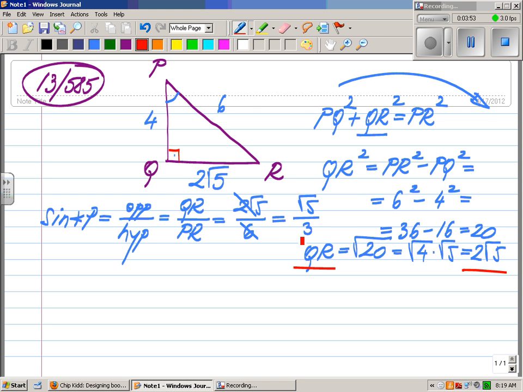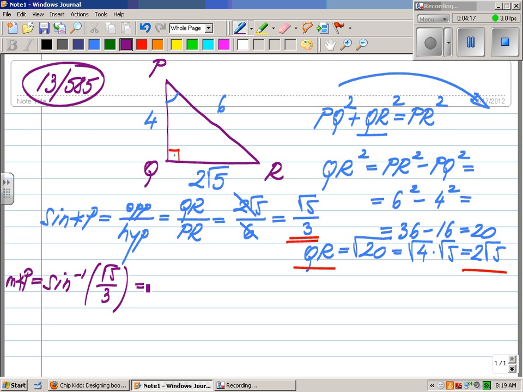Now, are we done? Not yet, because we have to find the measure of angle P, and we're going to use the inverse sine function. So this will be inverse sine of square root 5 over 3. That will be the measure of angle P.